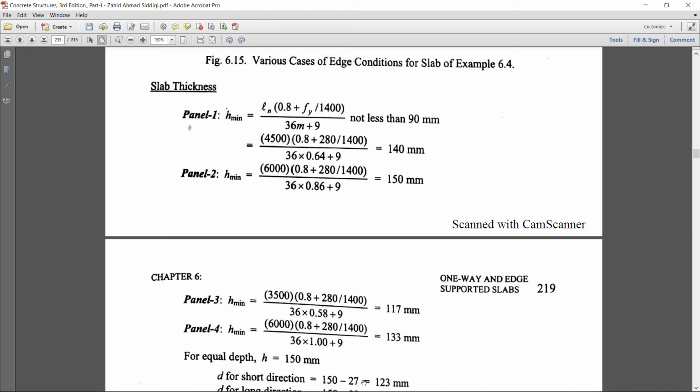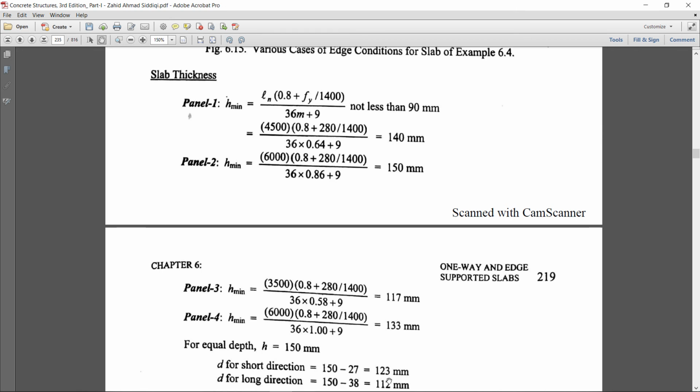In the 27, 20 millimeter is the clear cover, and 7 millimeter is for the 13 millimeter bar's half diameter. So 20 plus half of 13, approximated to 7 millimeter, is 27 millimeter. d for the short direction, you get 150 minus 27 equal to 123 millimeter.